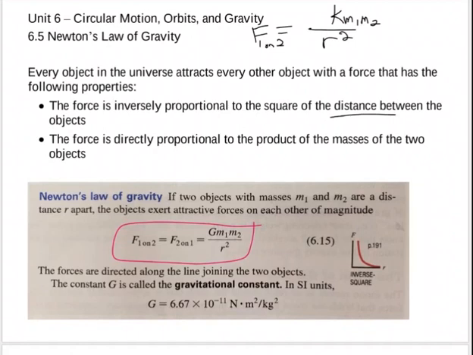So if two objects with masses m1 and m2 are a distance r apart, then the objects exert attractive forces, basically gravity, on each other of the magnitude F1 on 2 equals F2 on 1. So those are action-reaction pairs. Capital G, m1, m2 over r squared. The forces are directed along the line joining the two objects. The constant G is called the gravitational constant.